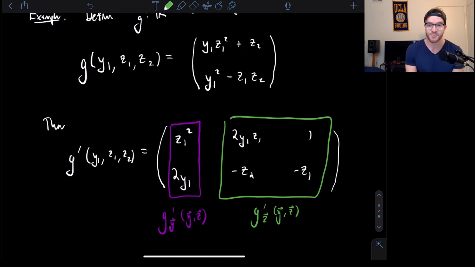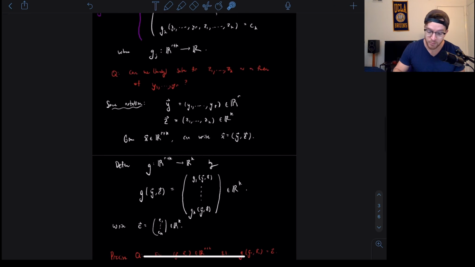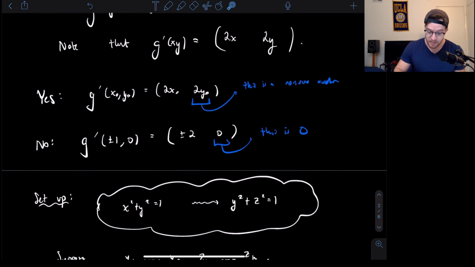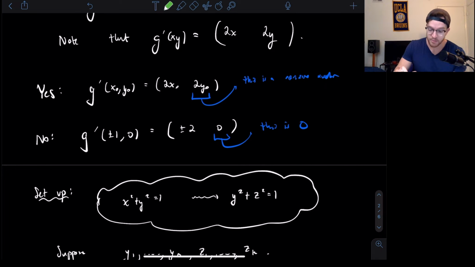Okay, so the question we're interested in is, can I locally solve for the z variables in terms of the y variables? I mentioned this at the beginning when we were talking about this circle example. Now that we're back here, let me tie together the new notation with what we've done. I was using x and y, but I've switched to y and z.